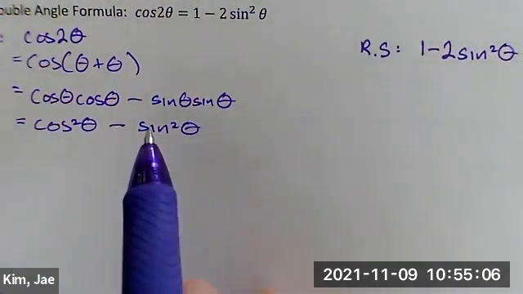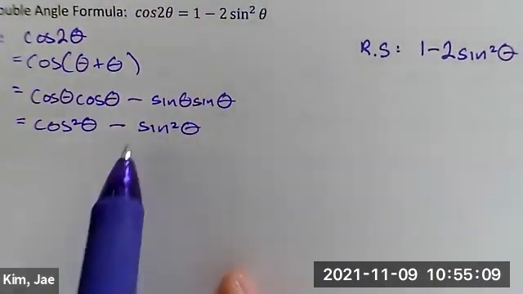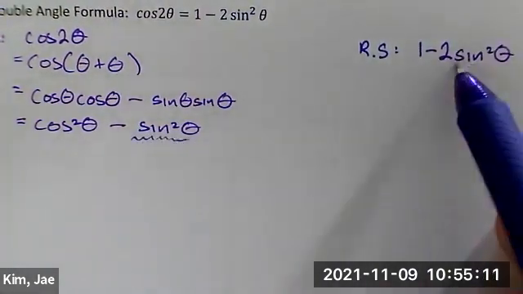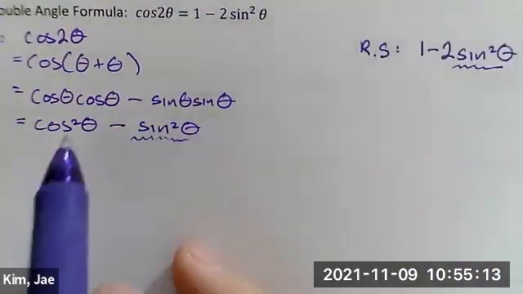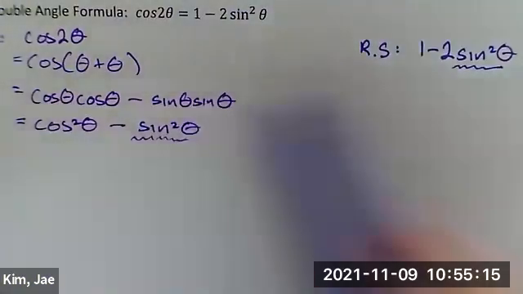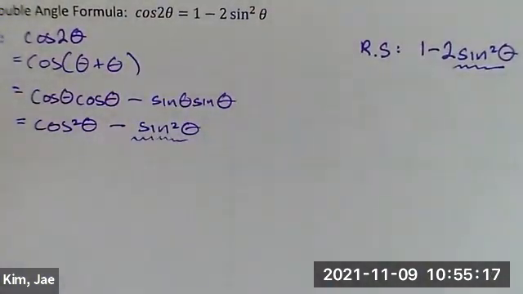And so we have sine squared, right? I need 2 of them. And I need to convert cosine squared into a 1 somehow. Any thoughts? Grade 11, kinda? Pythagorean identity.